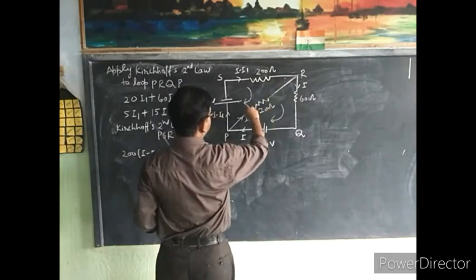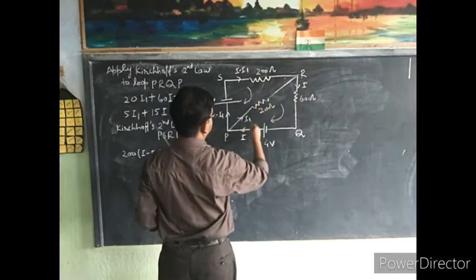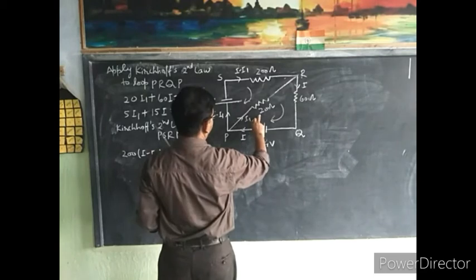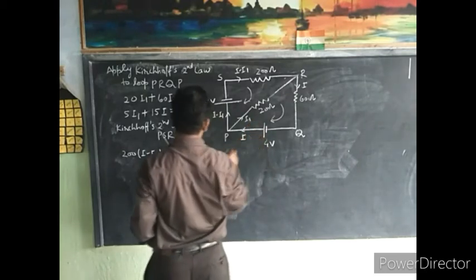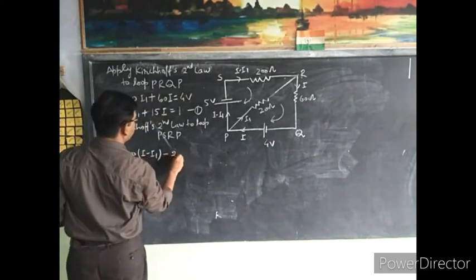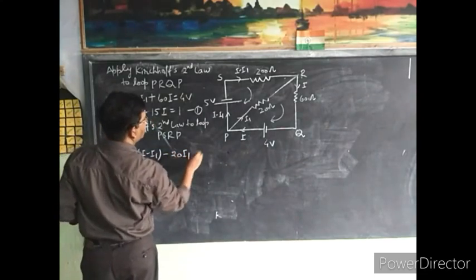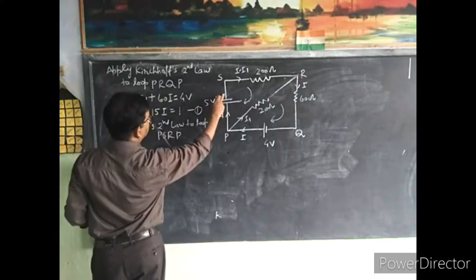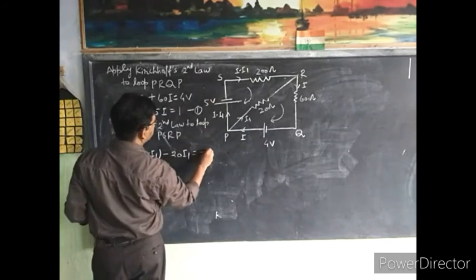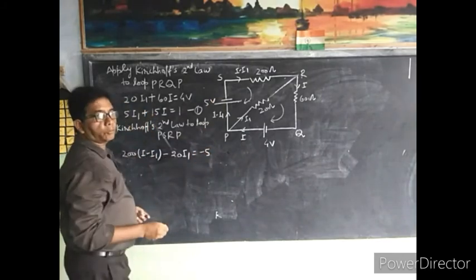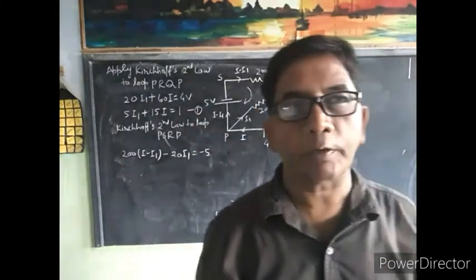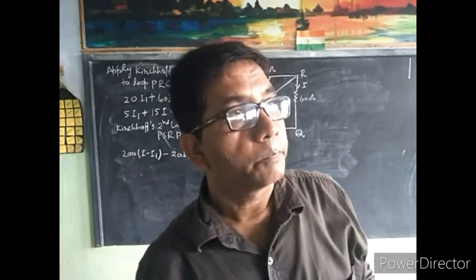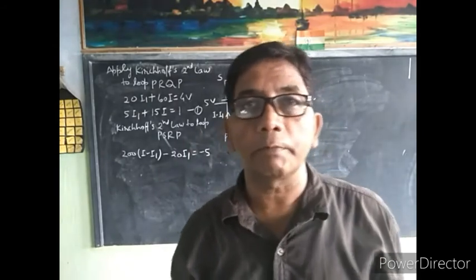Now we will go in this direction, but current is flowing in the other direction, then minus 20 I1. Here we are going from positive to negative, thus it becomes minus 5. When we go from negative to positive terminal, EMF will be positive, and when we go from positive to negative terminal, EMF will be negative.